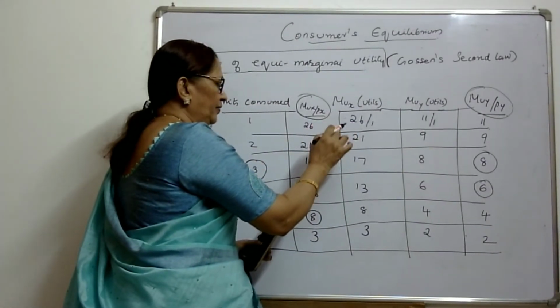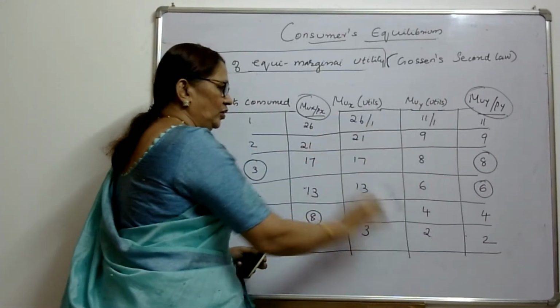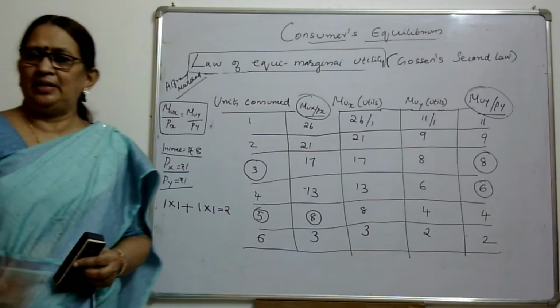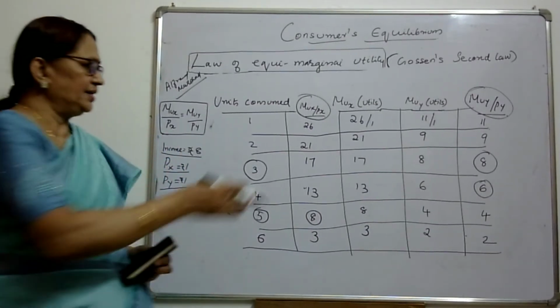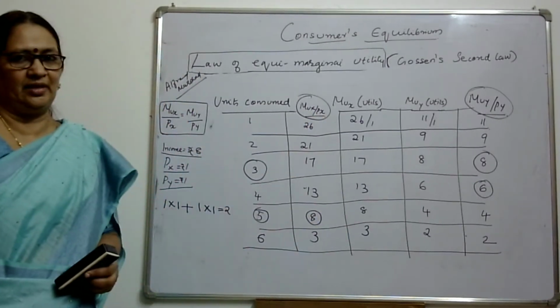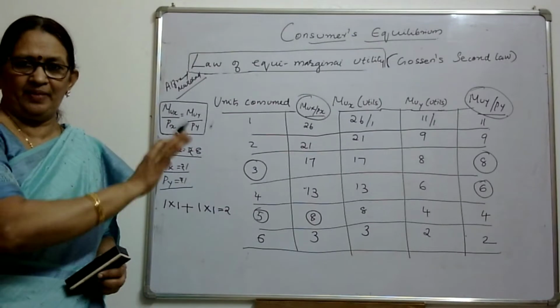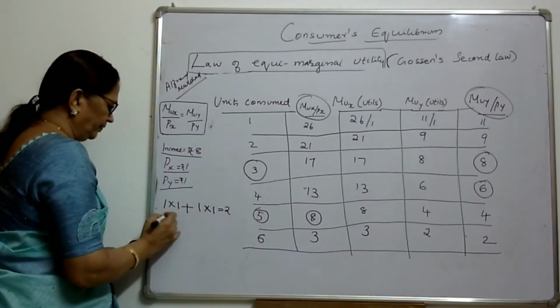He will surely prefer commodity X more, because it is giving him more satisfaction compared to commodity Y. But in both cases, X or Y, as consumption increases, satisfaction decreases. The law of diminishing marginal utility applies here. Okay, so now we will check the second one.